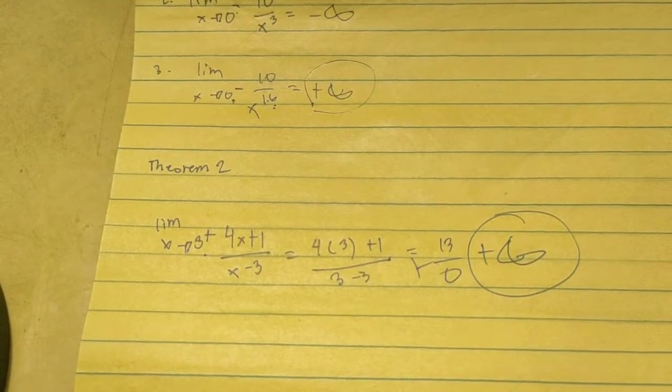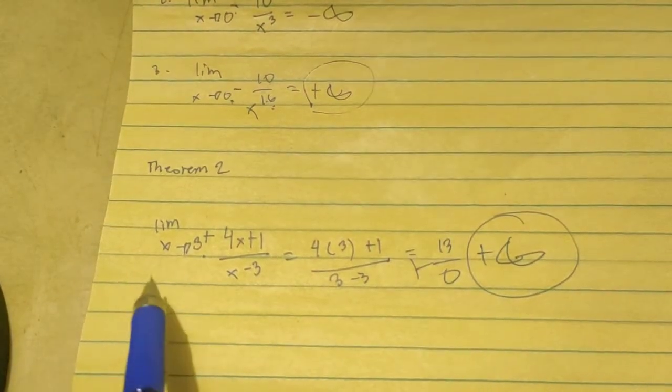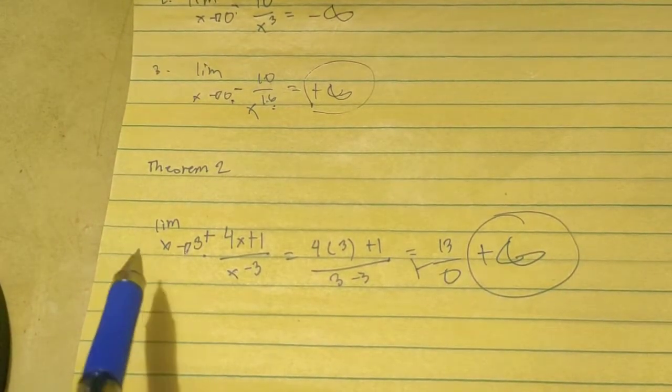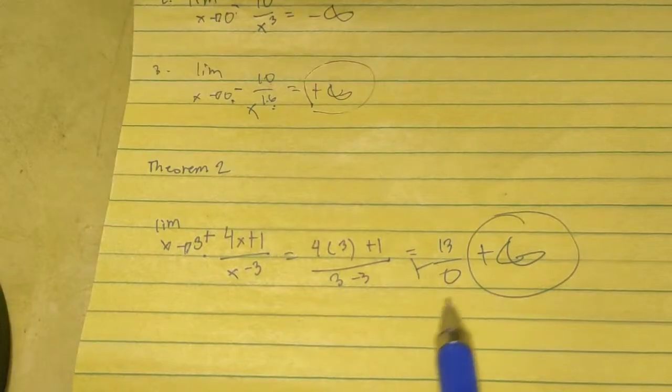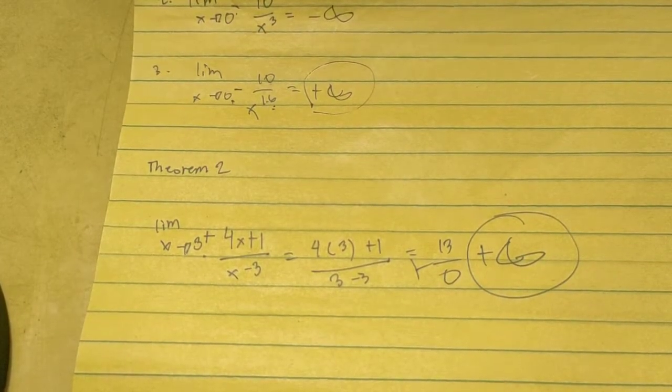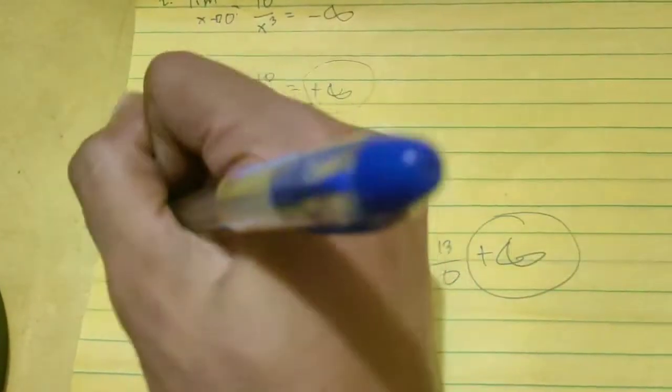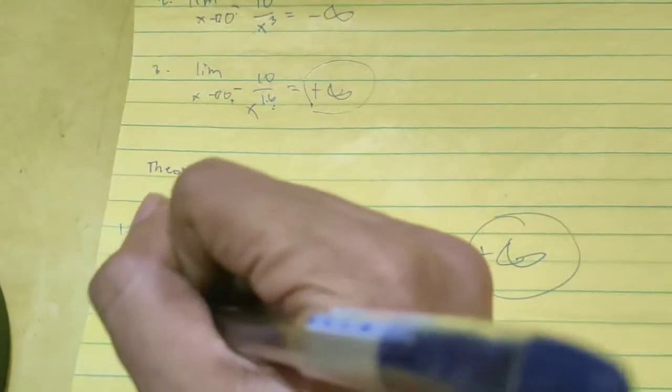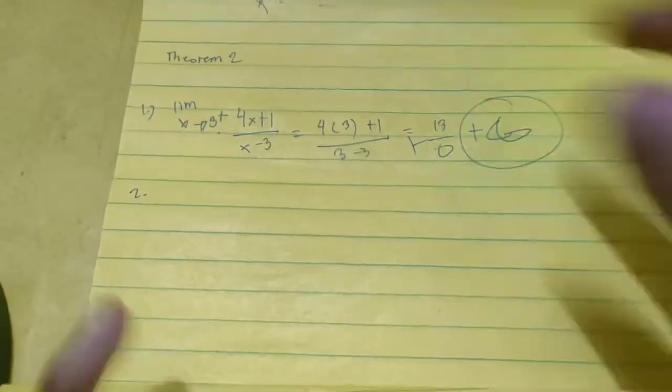Why? Because our limit approaches to the right and the constant is positive, then it should be positive infinity.